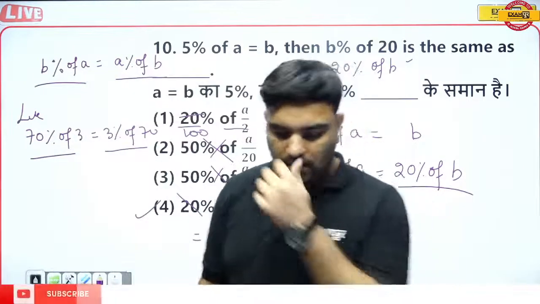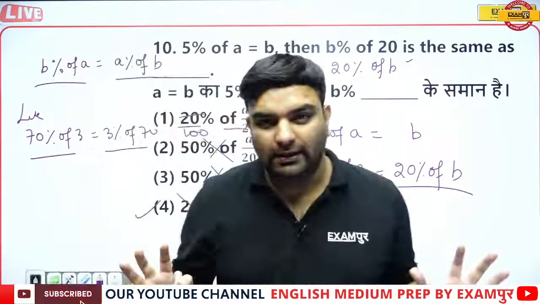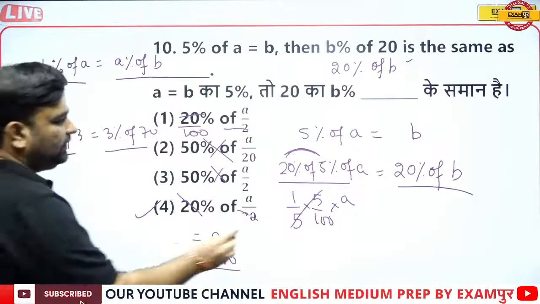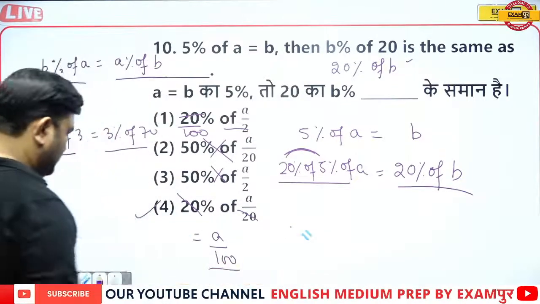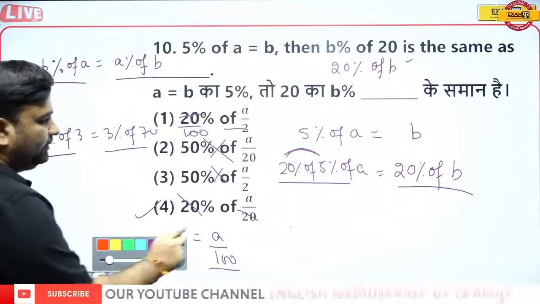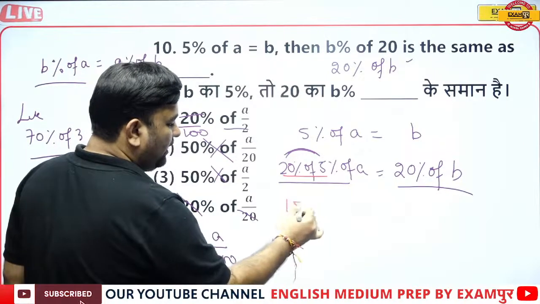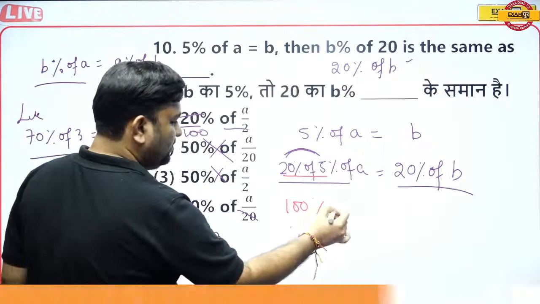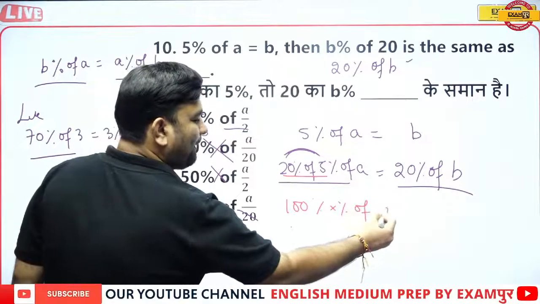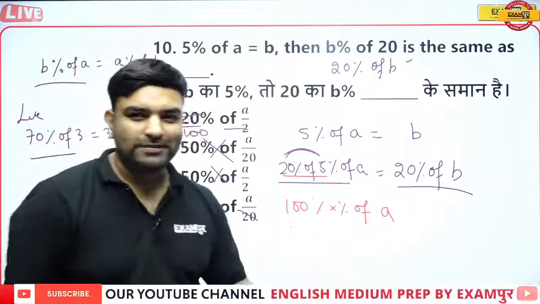Watch out. Now, if you want to go very technical, then I would recommend to write it as, just see with me a bit technical. This is 100 into double percentage.